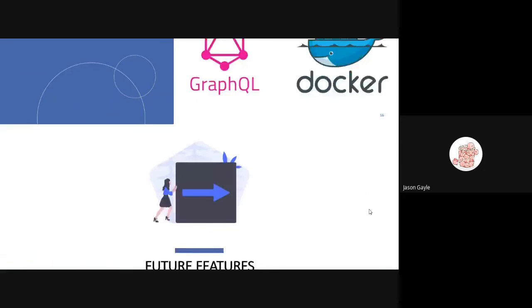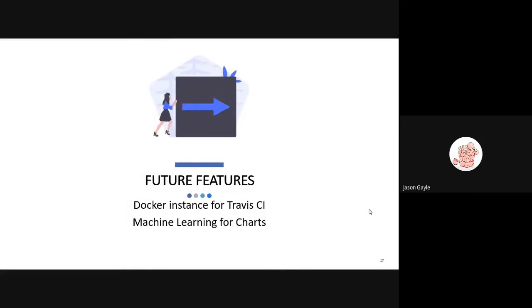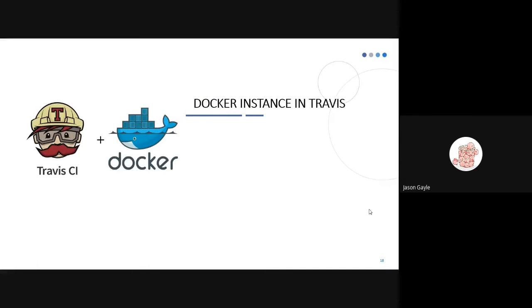So lastly, I'll be delving into the future features for Pattoo and one bonus feature. Firstly is developing Pattoo into Travis CI, creating a live instance of Pattoo in Travis.